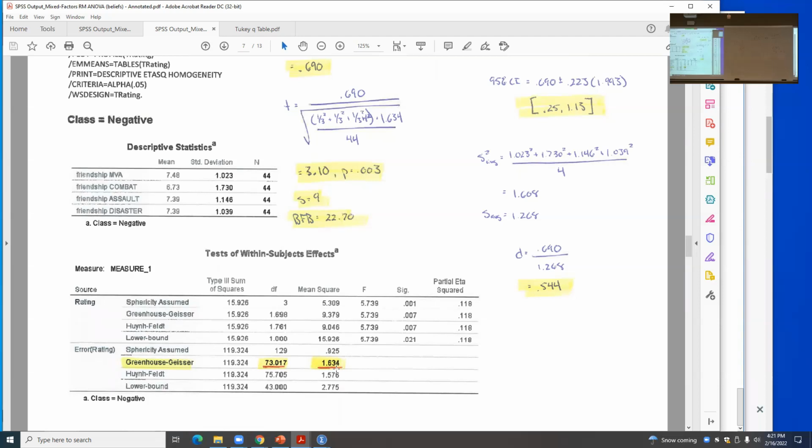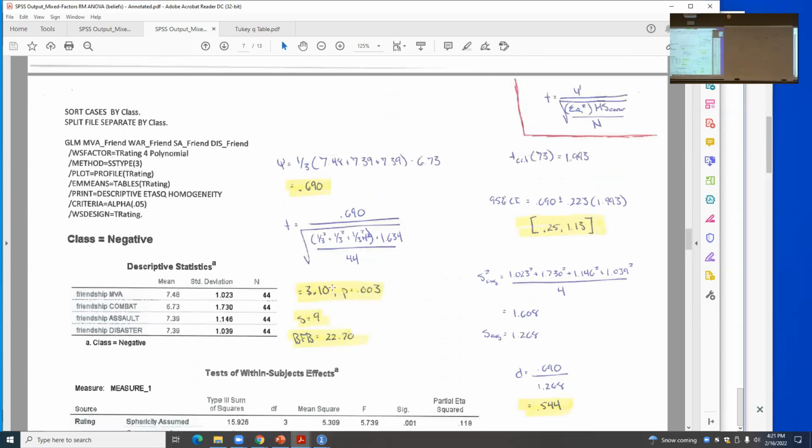That's my error term for my contrast. This is just looking at the 44 people in my negative group. I drop that in there, divide it by the number of people in my sample, which is 44, which gives me a test statistic and a p-value. I can calculate an S value and a Bayes factor.